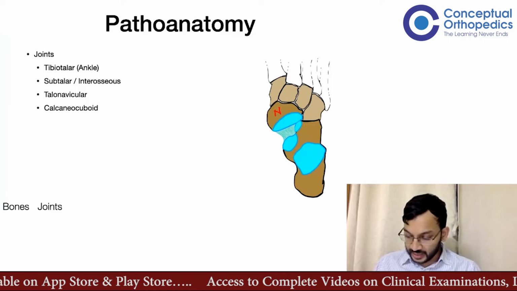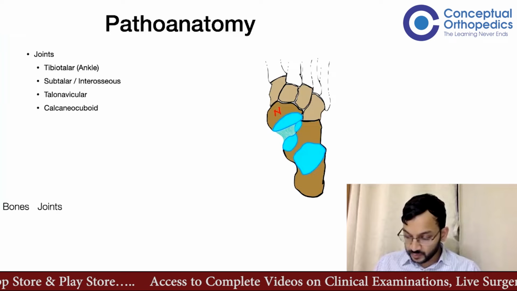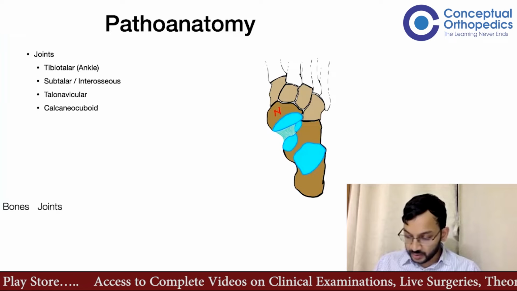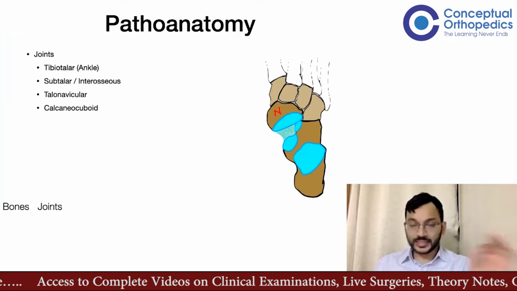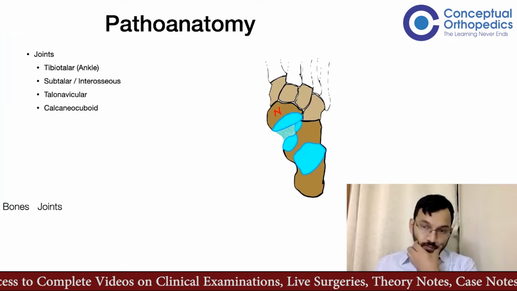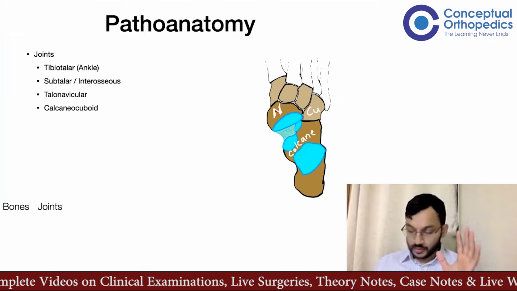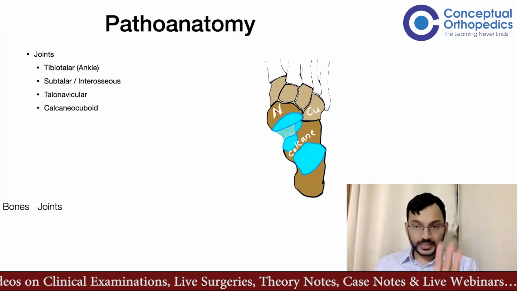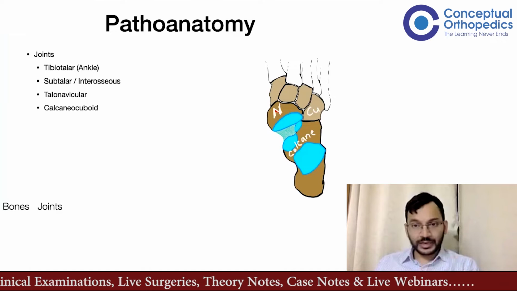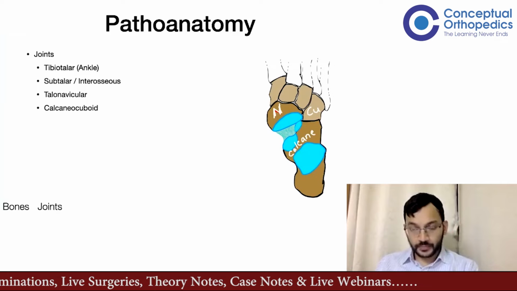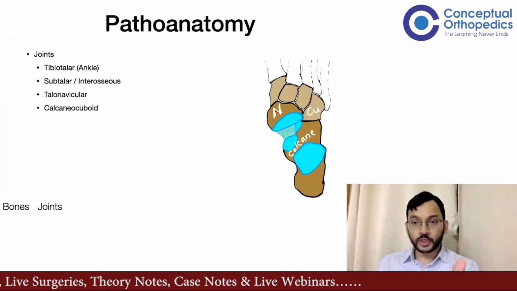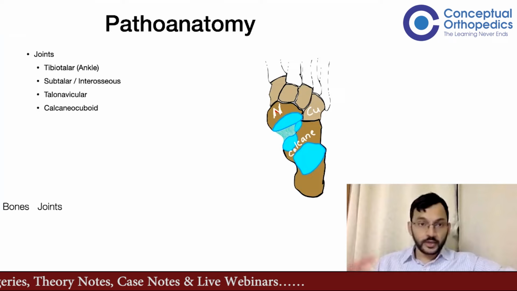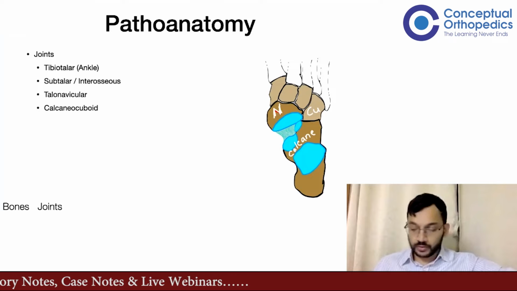This is the calcaneum, and here is the cuboid. These are the three bones which are seen. So you have the talonavicular joint anteromedially, and the calcaneocuboid joint laterally. So these are the four joints which are at fault.